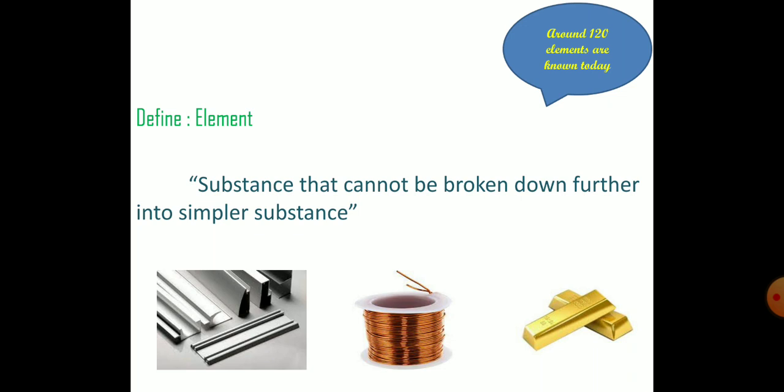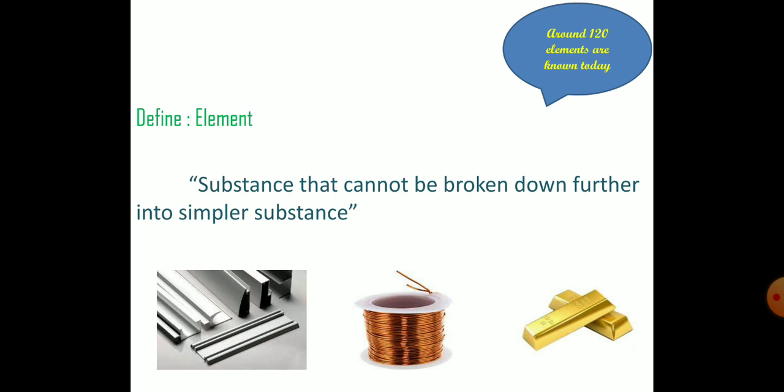Such kind of substances are called elements. This definition was given by whom? It is given by a scientist called Robert Boyle. The substances that cannot be broken down further into simpler substances, which means elements are the ultimate particles of matter. So matter is composed of elements, various elements.